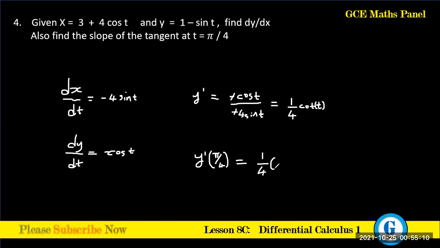Cot pi on 4 is cos pi on 4 over sin pi on 4. But we know that sin pi on 4 is equal to cos pi on 4, which is root 2 on 2. So this gives us 1. So the gradient of the tangent is 1 on 4. The gradient of the tangent is 1/4.